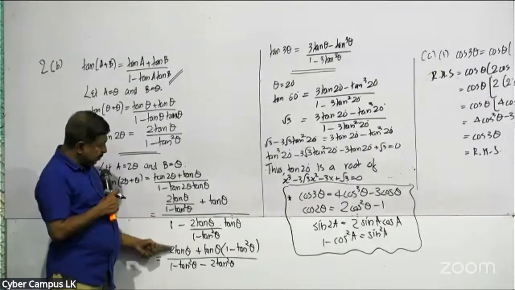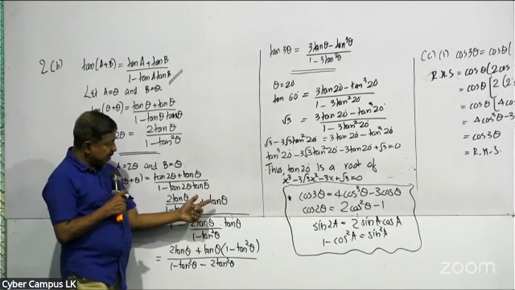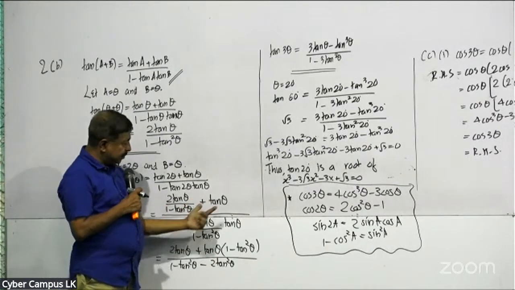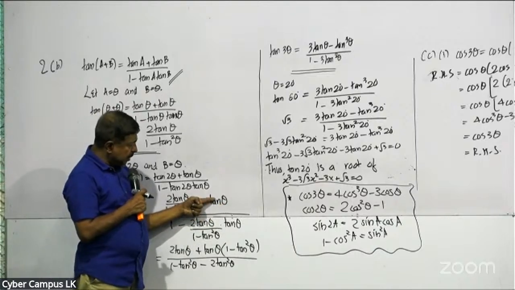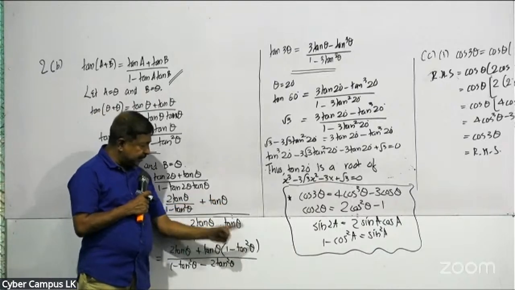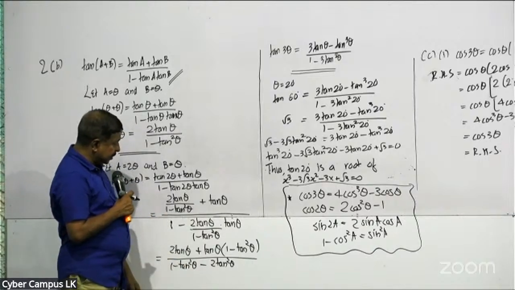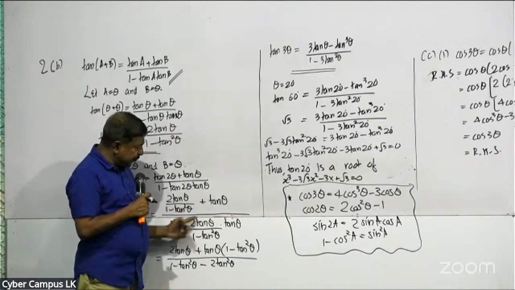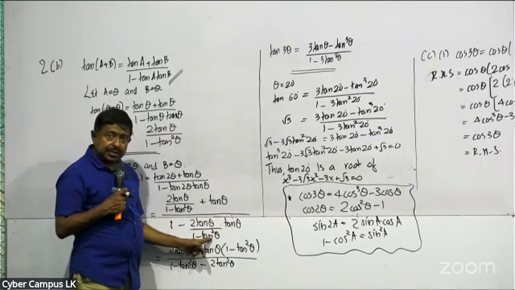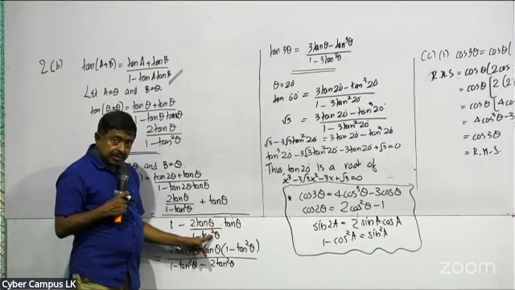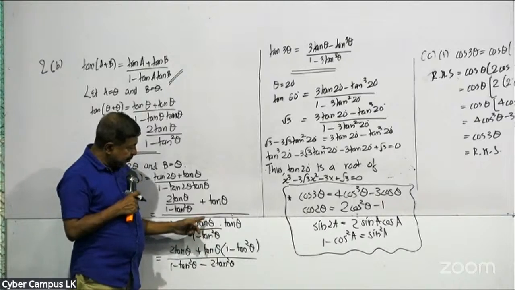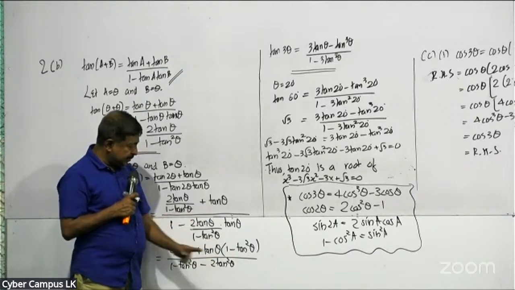So you will end up with 2 tan theta. You can get rid of this. At the same time, you multiply tan theta by 1 minus tan squared theta. When you multiply this by 1 minus tan squared theta, this will go away. It leaves you with 2 tan squared theta here.